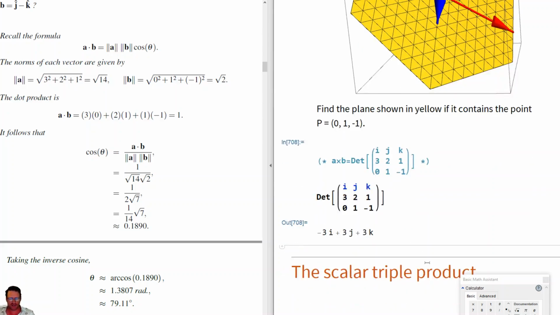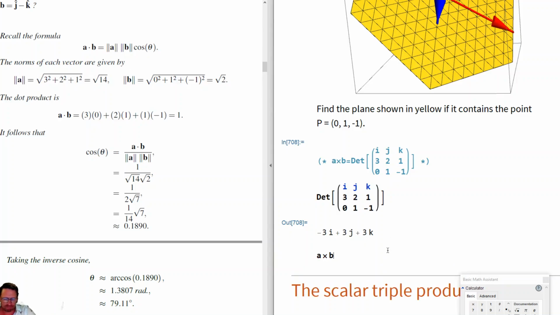So it gives me minus 3i plus 3j plus 3k. And so I can report that A cross B is equal to the vector minus 3, 3, 3.